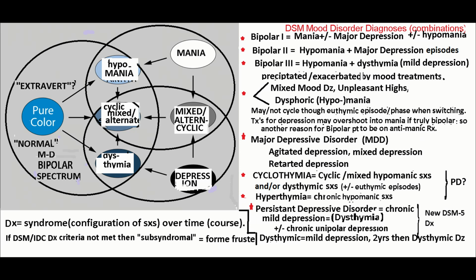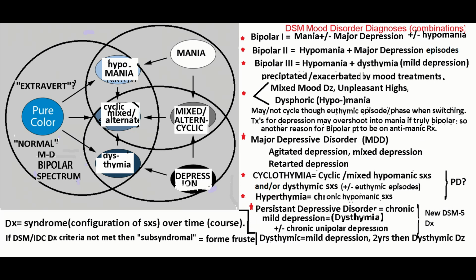But this usually occurs with episodes of major depression, and that's where you get the old manic depressive disorder, the bipolar, where these things alternate or cycle between mania and depression, but they can have states in between with hypomania.